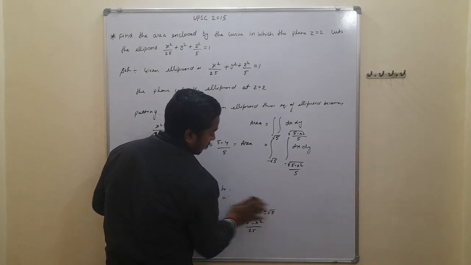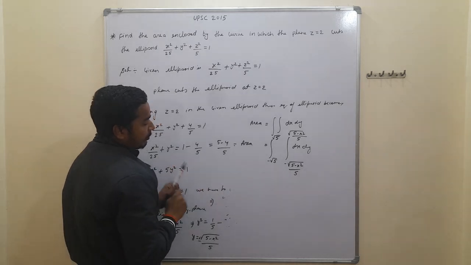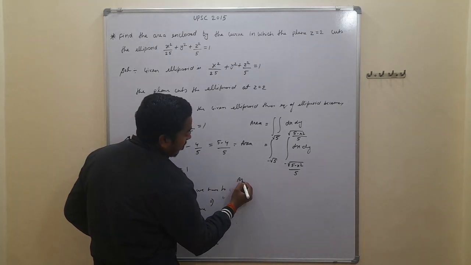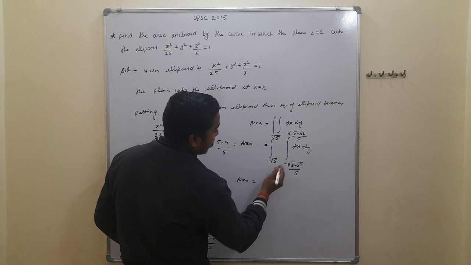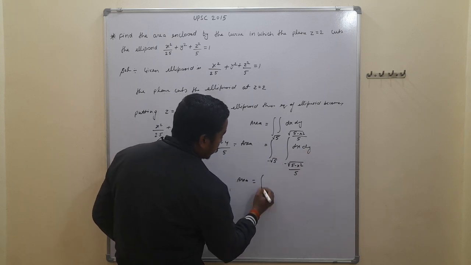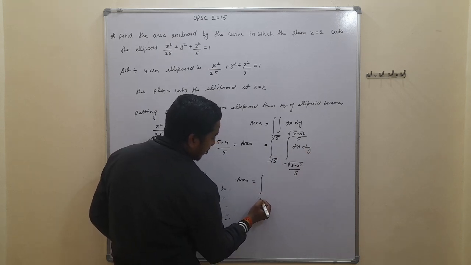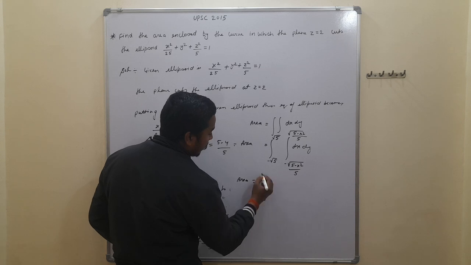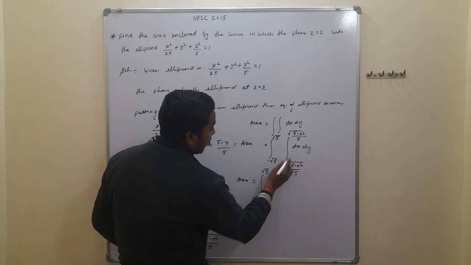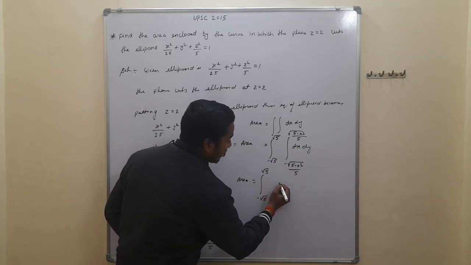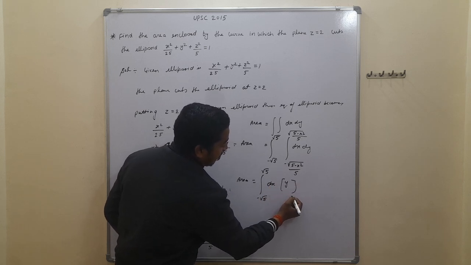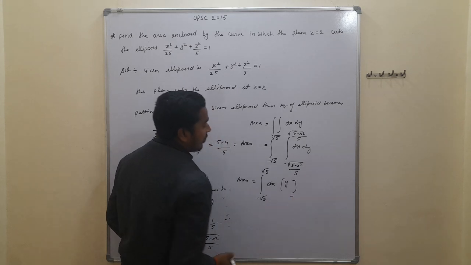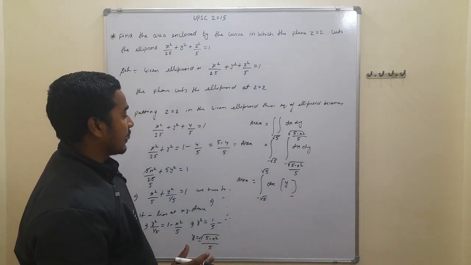Further we have to integrate once again. Area is equal to, integrating dy gives y, and putting in the limits.